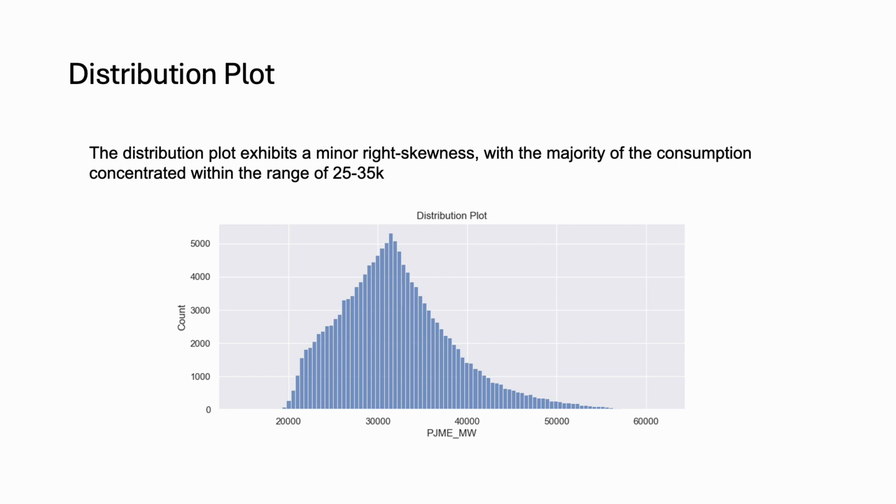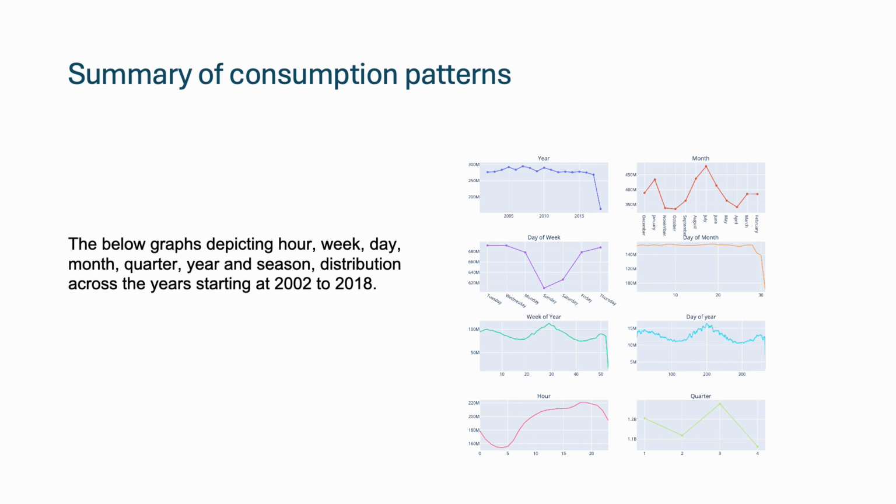And we can also notice that the large percentage of consumption is between 25 and 30k. Thus, you would be able to know how much of minimum units that you would need to produce in a given year.